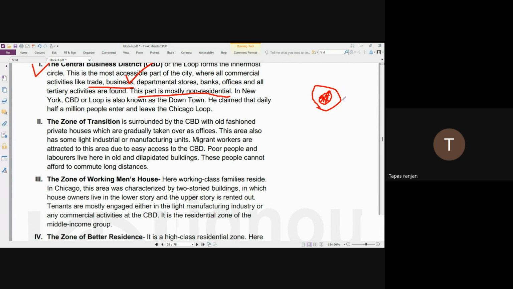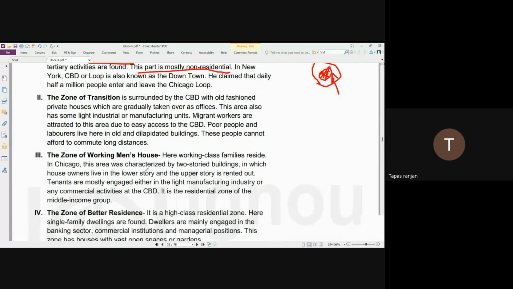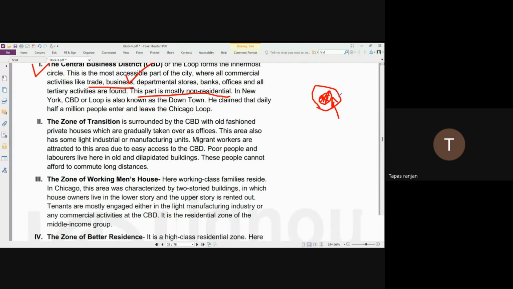We have already discussed this. So this is the zone of transition. Then comes the zone of working men's houses. A lot of people who are working in and around the city will be living in the third zone. So if this is the first zone, the CBD, it will be performing a lot of tertiary activities, and a lot of services will be performed by this CBD.